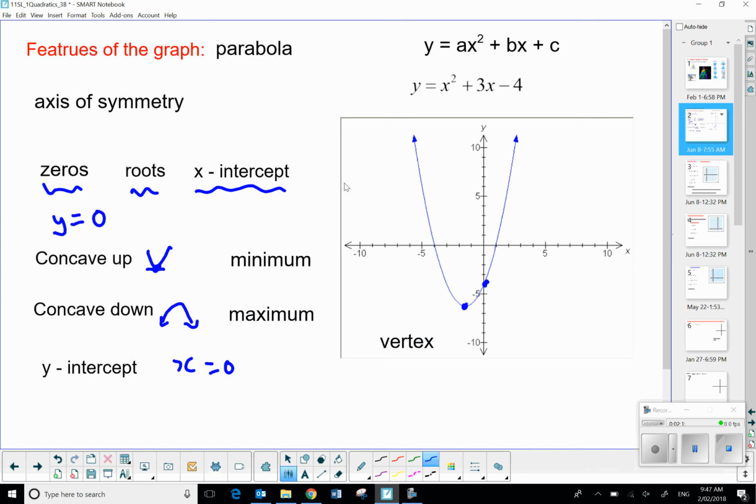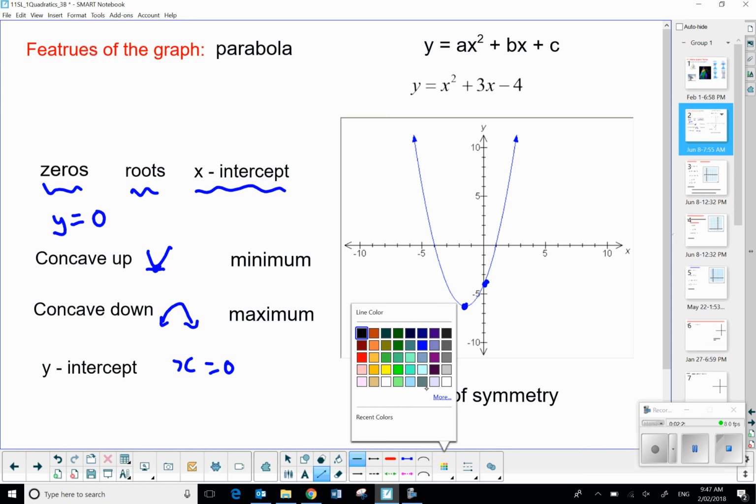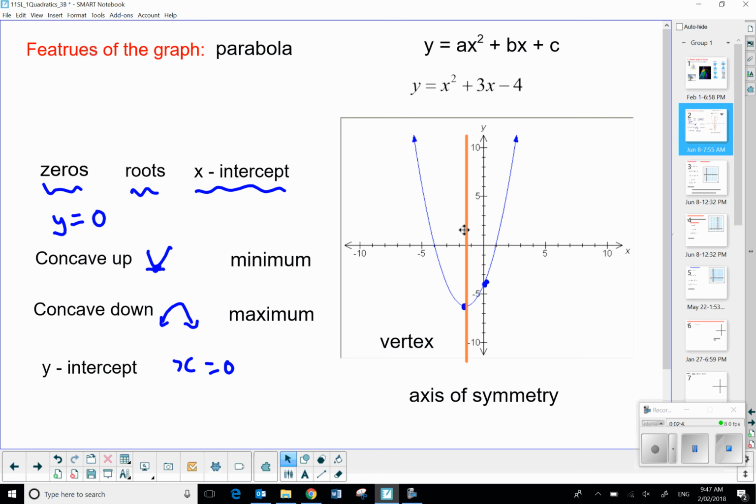The other one we want to look at was the axis of symmetry. Your axis of symmetry is the line where we can just cut down and divide the parabola in half. So let's go orange. Our axis of symmetry is not there, but it gives me a line to work with. It goes right through the vertex.